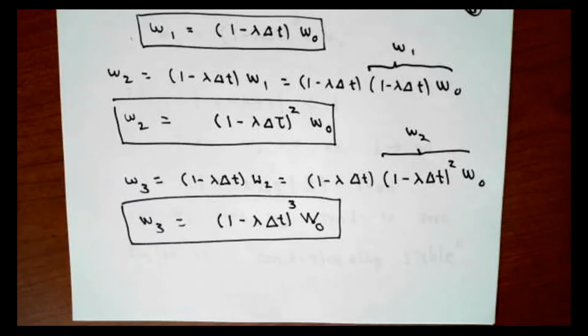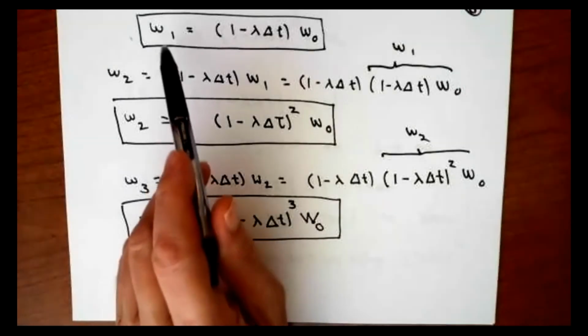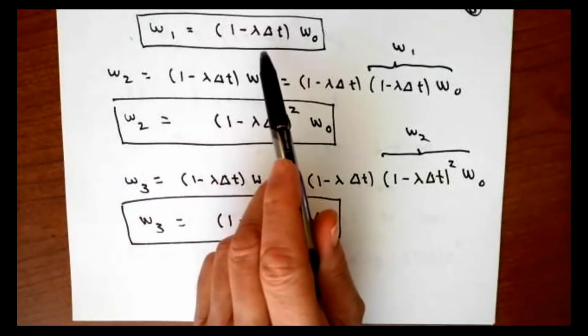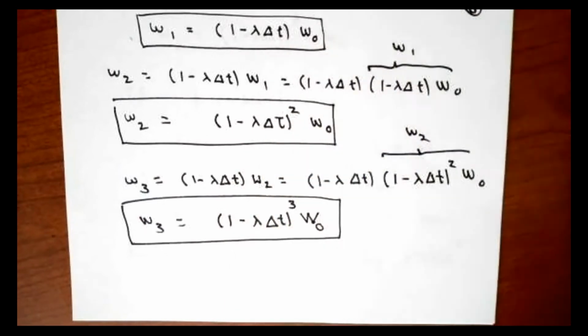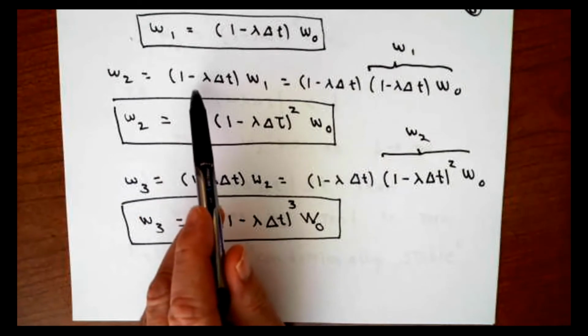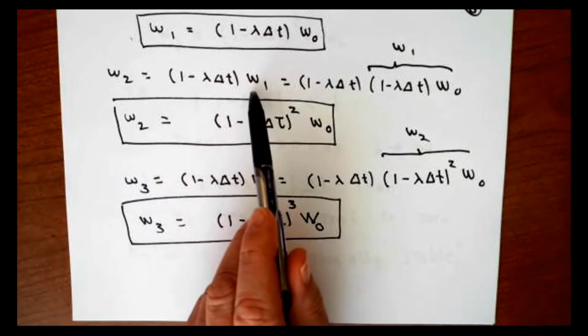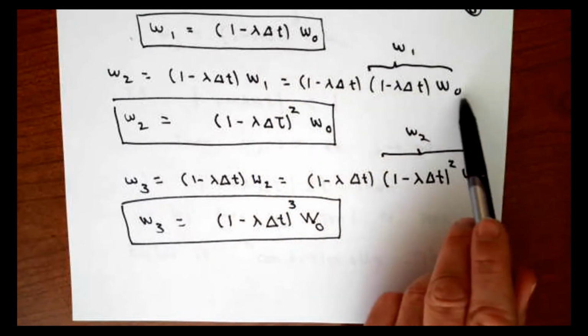Although it may seem obvious, we will go through the details. If you let i equal 0, then i plus 1 will be 1. W1 is 1 minus lambda delta t times W0. W2 is 1 minus lambda delta t times W1, but we've just figured out what W1 was.